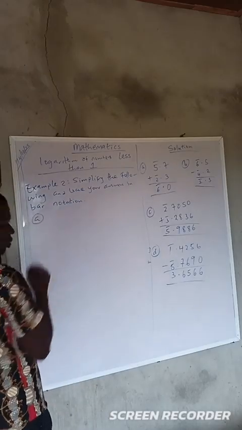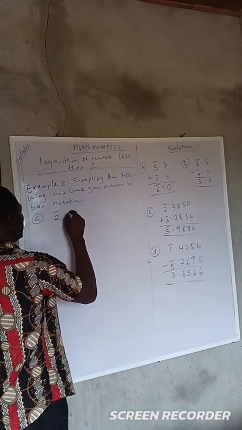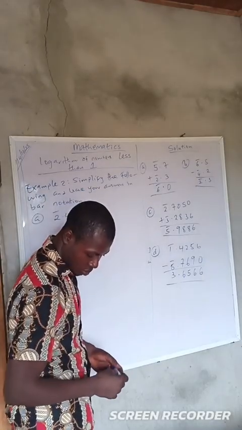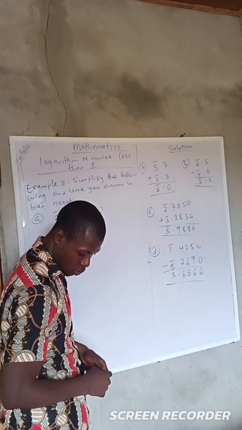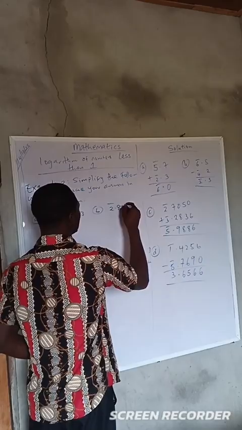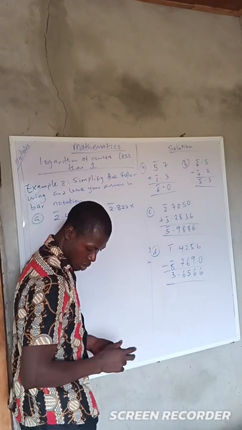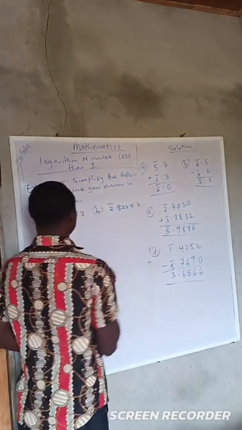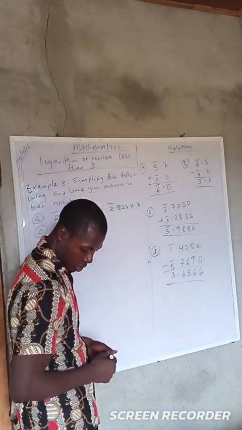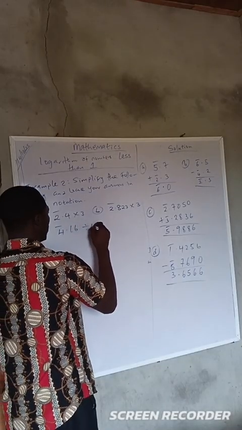The first one, we have bar 2.4 times 3. B, we have bar 2.823 times 3. Then C, we have bar 4.16 divided by 4.